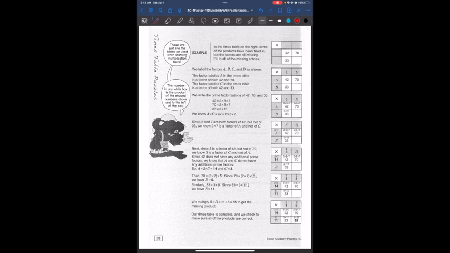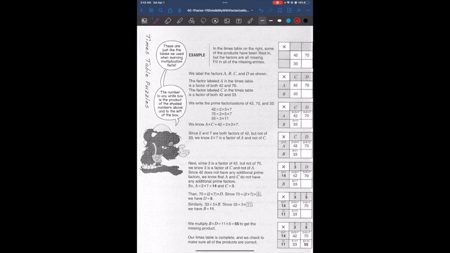And then we have times table puzzles. These are just like the tables we used when we learned multiplication. The number in any white box is the product of the shaded numbers above and to the left of the box. We'll solve an example just to make sure we understood the rules correctly.